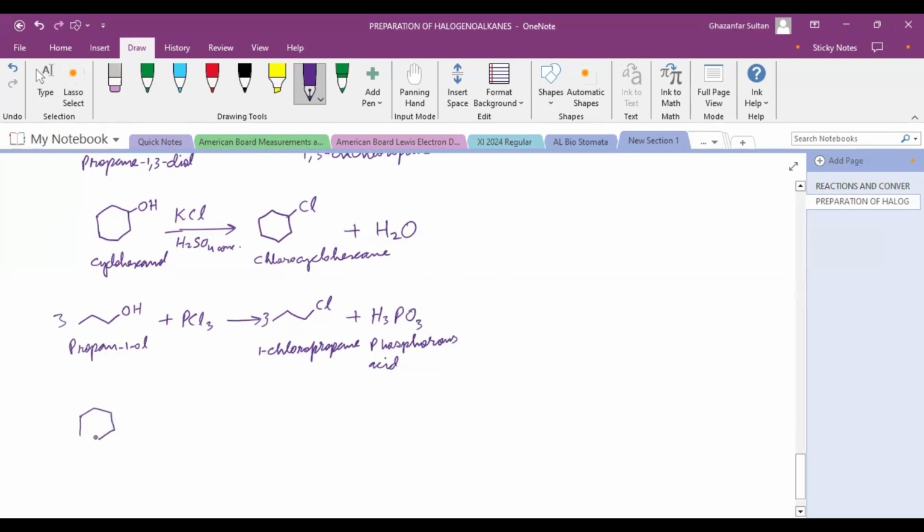Now see this example. This is a phenyl-substituted alcohol, and the name of this alcohol is 3-phenylpropan-1-ol. When it reacts with HBr or HCl, it produces its respective alkyl halide.